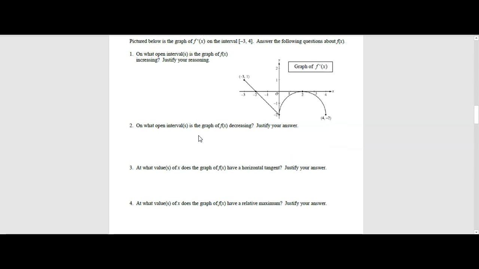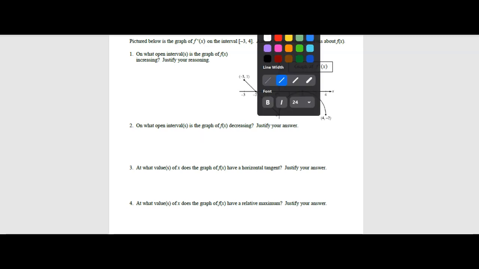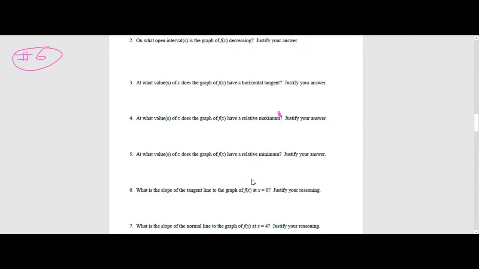Well, the slope of the tangent line is equal to the value of the derivative. So all we have to do is look for the value of the derivative at x equals 0. And we can see the value of the derivative is -2. So our answer for number 6, let me just look at exactly how it was worded.